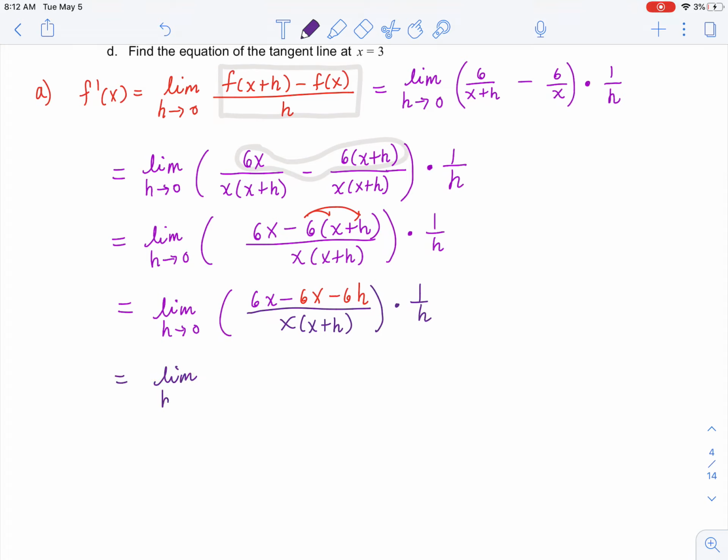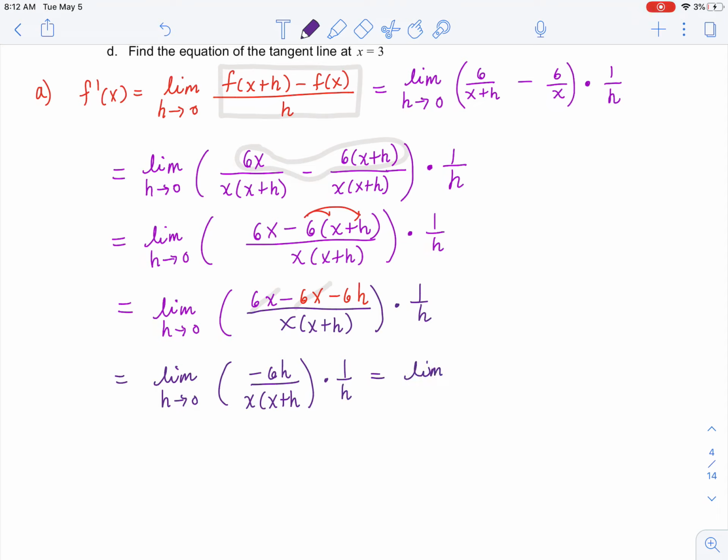You need to show me every step on this exam because I have to be very picky, and I want every step. Please show me every step when you're doing this exam. As you can see, the 6x and negative 6x cancel out. We are left with negative 6h divided by x times x plus h times 1 over h.